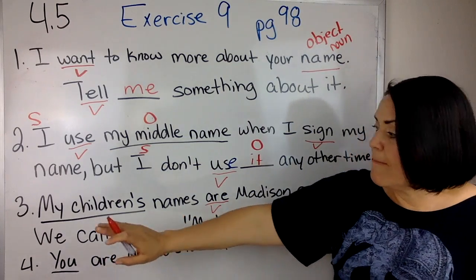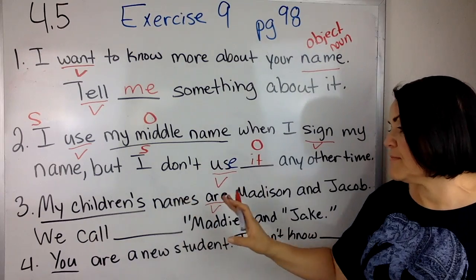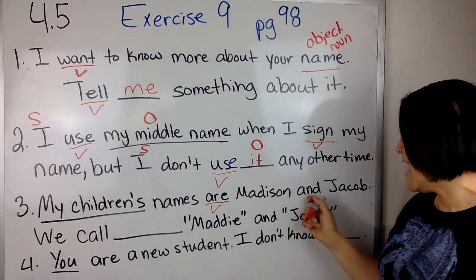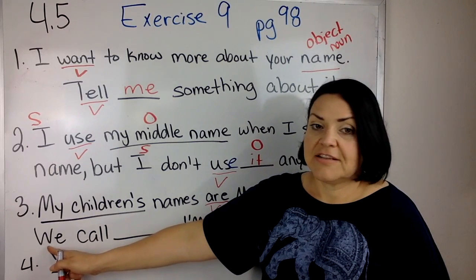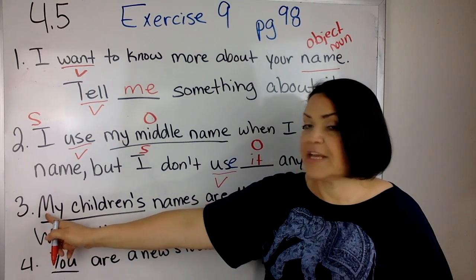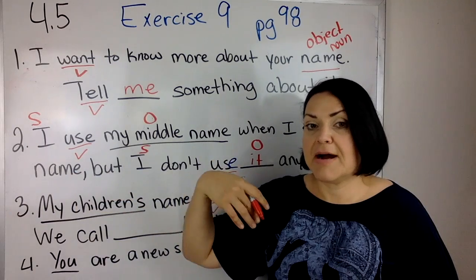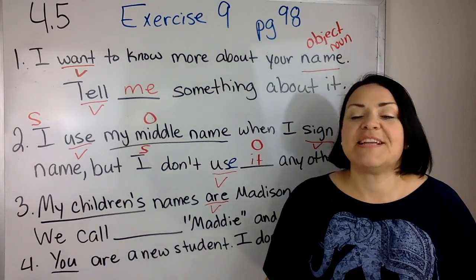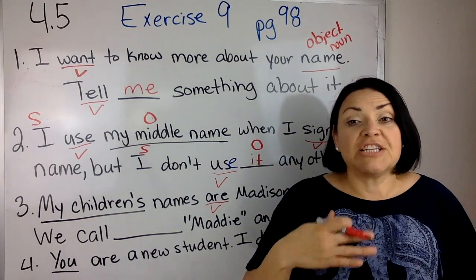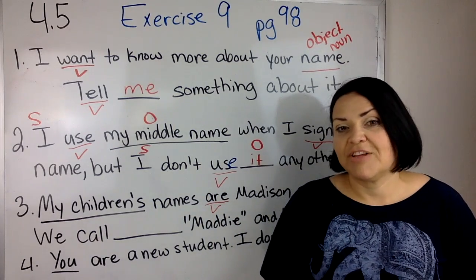So here we go. My children's names are Madison and Jacob. We is referring to my, like it could be mom and dad, like my children. So if I'm standing next to my husband, I would say, my children, you know.